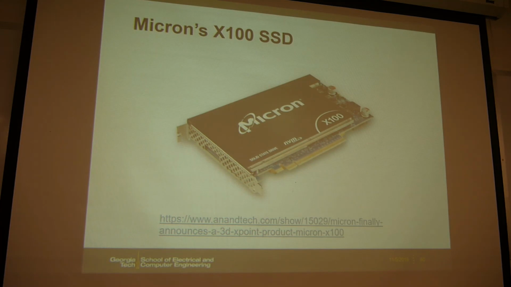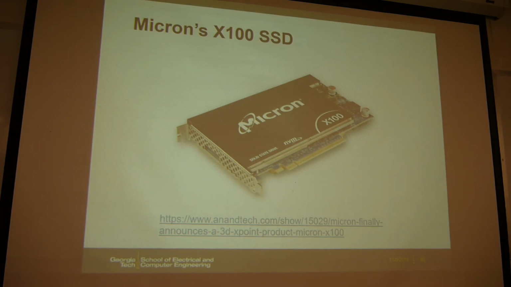But the news was that Intel and Micron couldn't reach agreement on the roadmap of the 3D XPoint array. They initially co-developed the technology together in IM Flash, the foundry there.